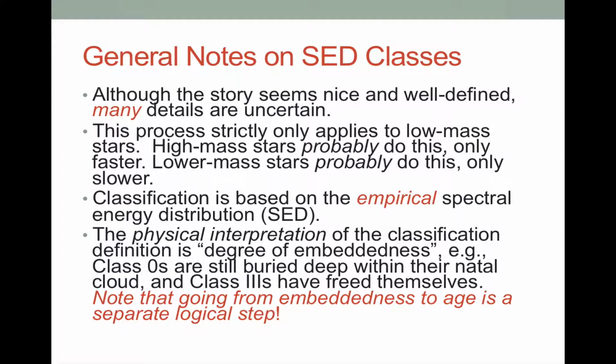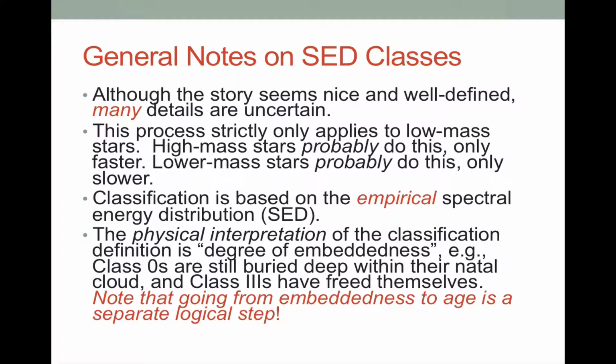The classification, the original placement in the class 0, 1, 2, and 3, is based entirely on the empirical spectral energy distribution as observed. That physical interpretation that says, okay, the SED is shaped like this, therefore I'm going to interpret that amount of infrared excess as degree of embeddedness, is an additional step, okay?